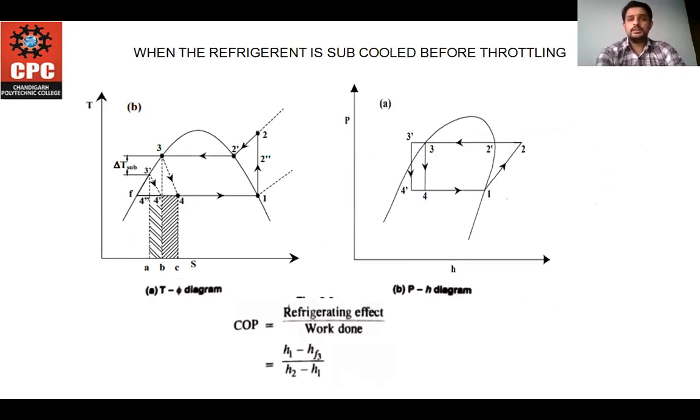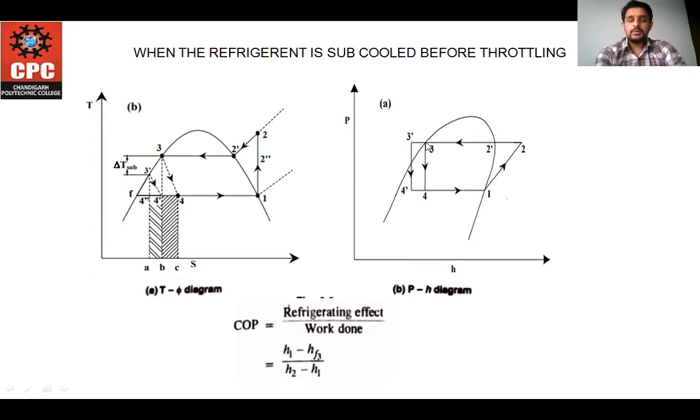When the refrigerant is subcooled before throttling. In that case, we are doing subcooling of the refrigerant before throttling. You can see that the process 3 to 4 is the throttling process, and in this case we are providing subcooled liquid through the expansion valve or throttling device.